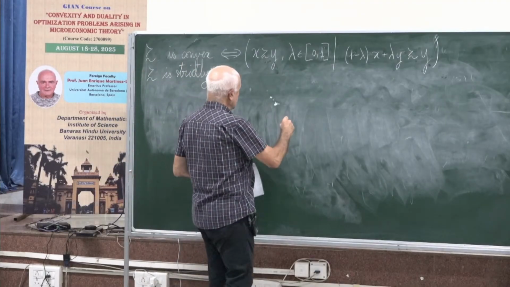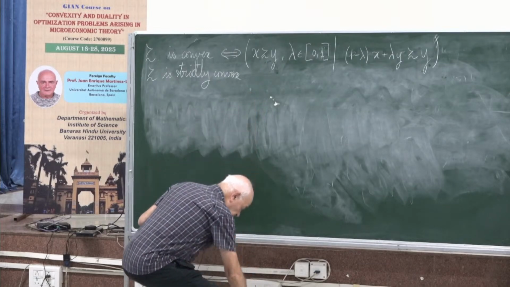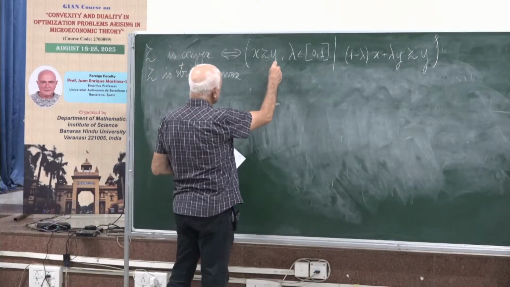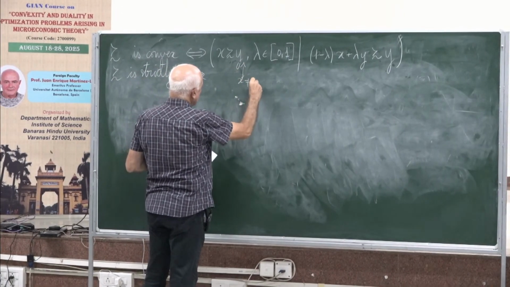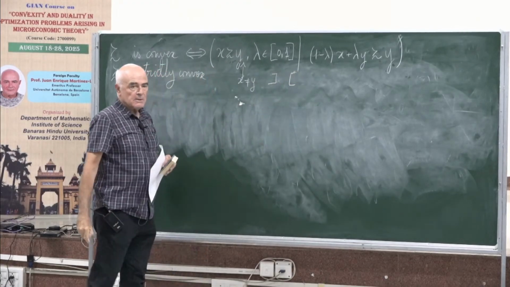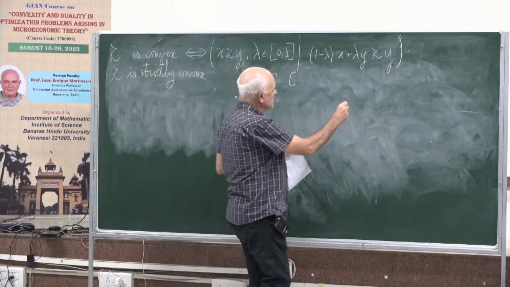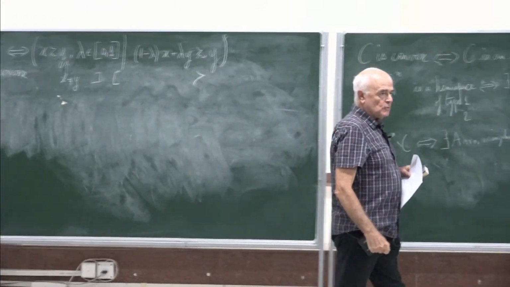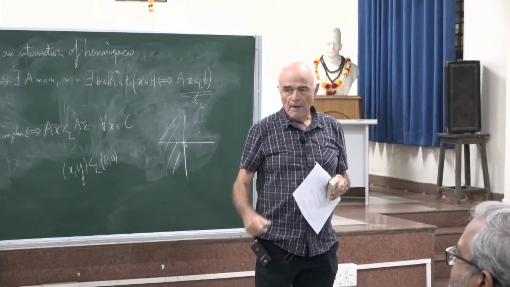It is the same, but with the following modifications in the definition. Here you have to include x different from y. Here you have to replace closed interval with open interval. And here you have to write a strict preference instead of the non-strict one.